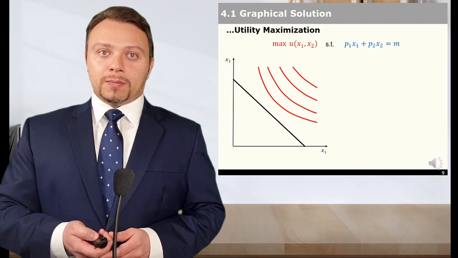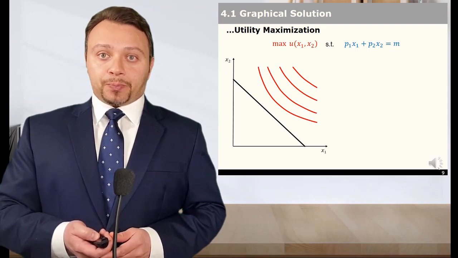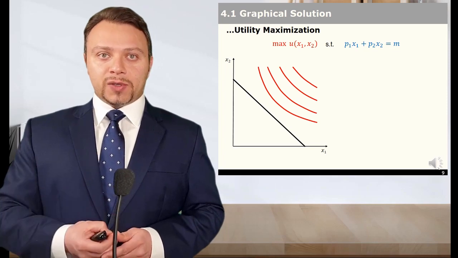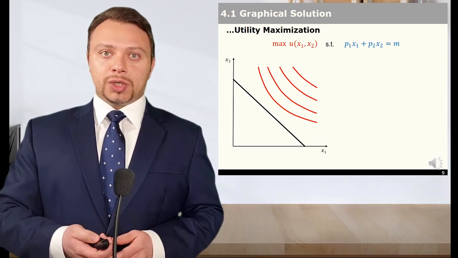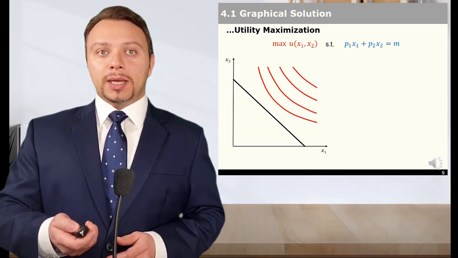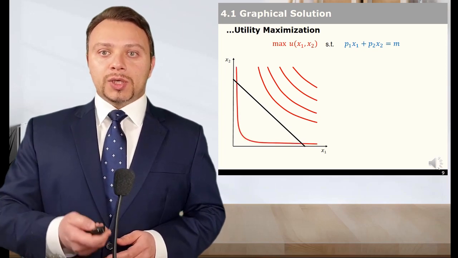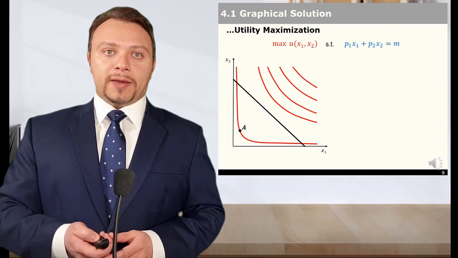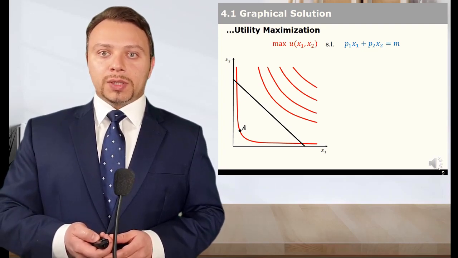On the other hand, if your brother would decide to buy much fewer elf soldiers and much fewer orc soldiers, he will maybe get to an indifference curve which is represented by this one, and point A, for instance. So here you would have maybe 5 orcs and 10 elves.